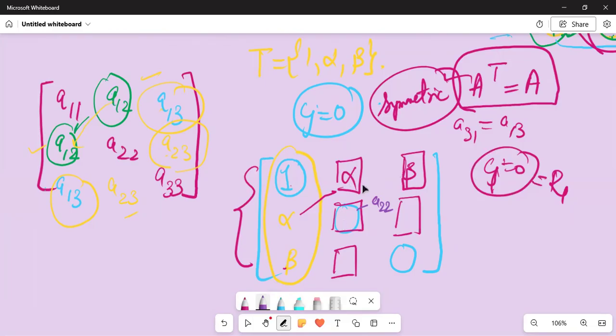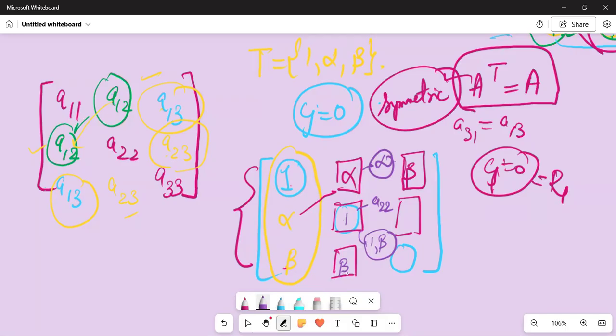Since this is alpha, I have 2 choices. Every entry should be unique now. So I have 2 options for this, 1 or beta. If I keep this 1, then I'm bound to keep it beta to make the sum 0.